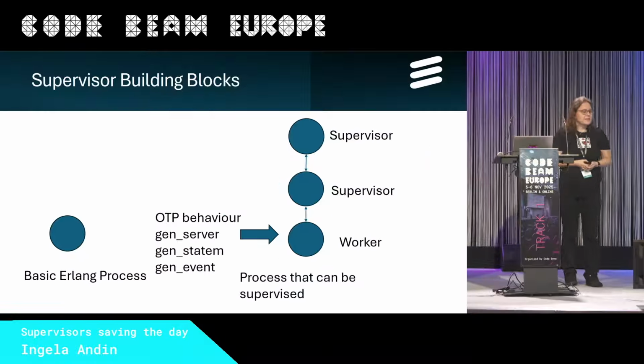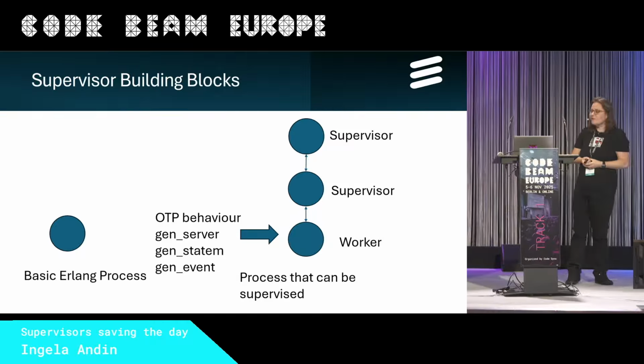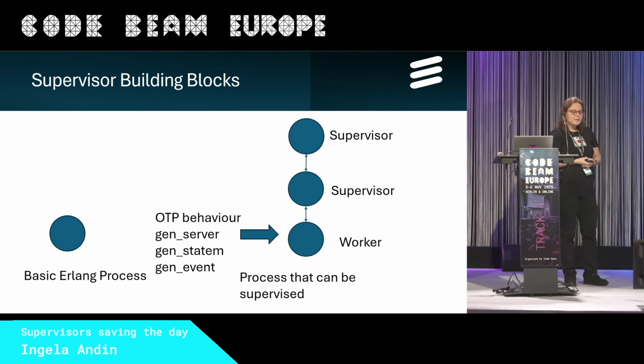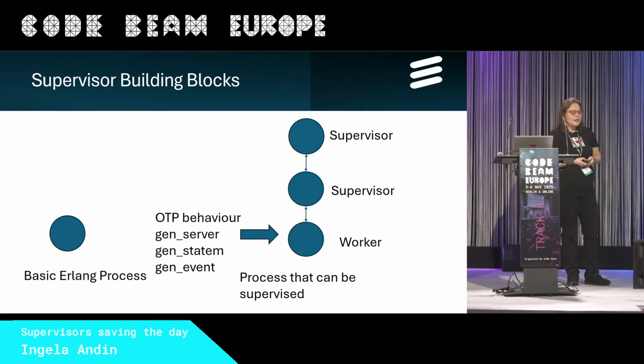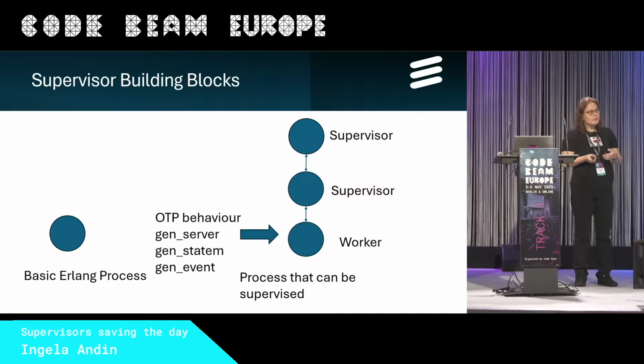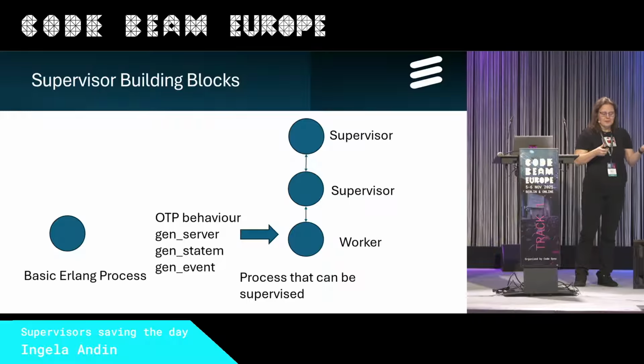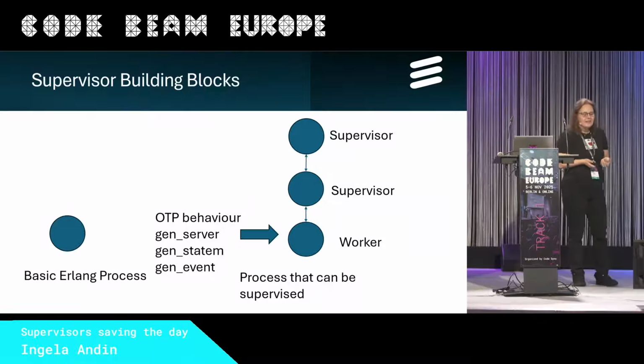But of course, there is an easier way to make sure that your processes can be supervised, and it's to use one of our OTP behaviors to implement your process. So we have the gen server behavior to implement the simple request response handler.